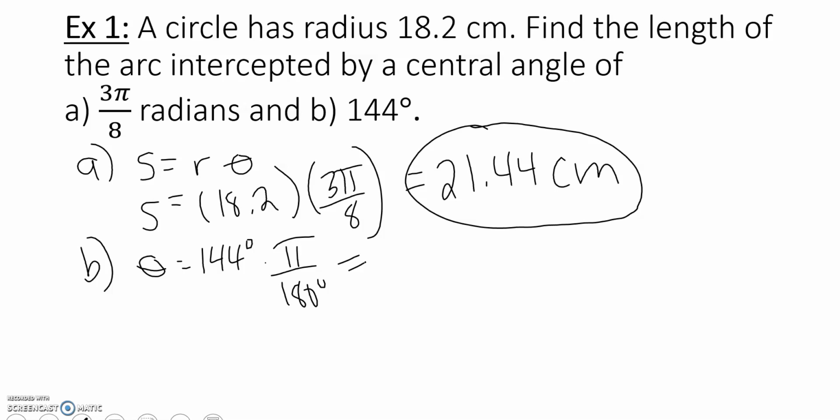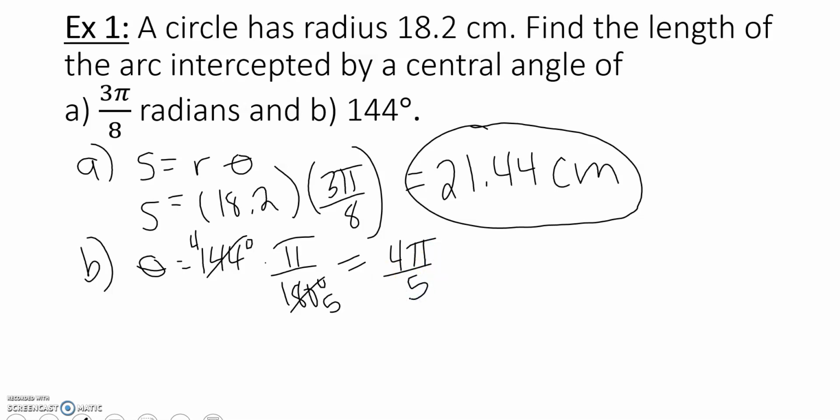You can simplify that: 36 goes into 144 and 180. If you divide 144 by 36, you get 4, and if you divide 180 by 36, you get 5.